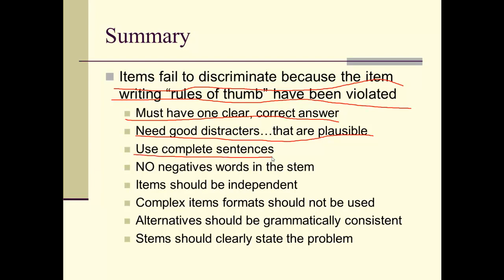We want to use complete sentences in our question, and then we want to keep away from negative words in the stem, which will kind of focus them on the answer. All of our items should be independent, but like I said, I think there's some room for flexibility there.